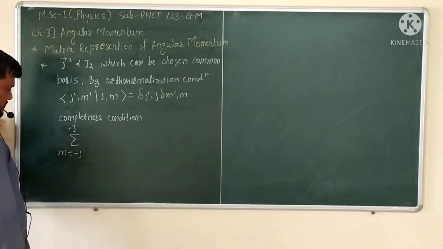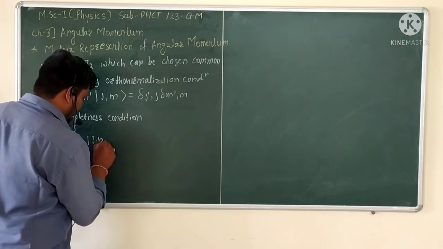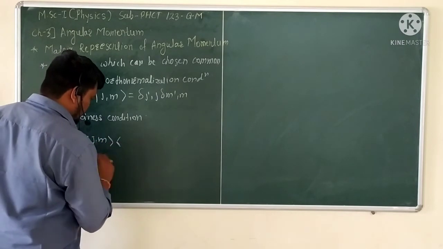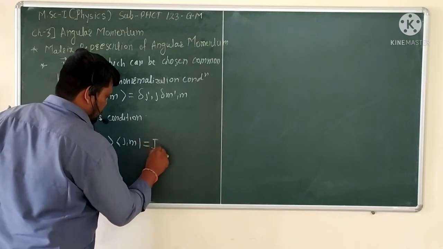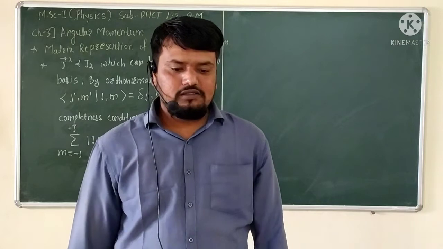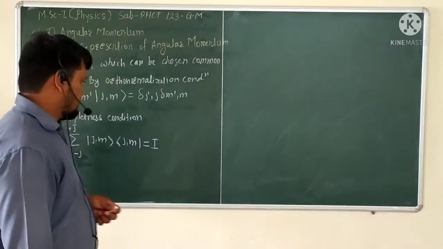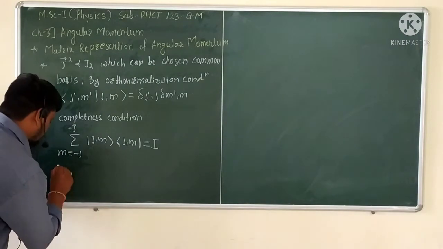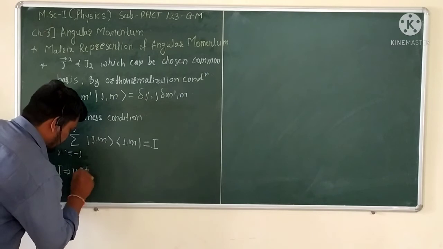The sum of ket jm bra jm is nothing but I, where I is the unit matrix.